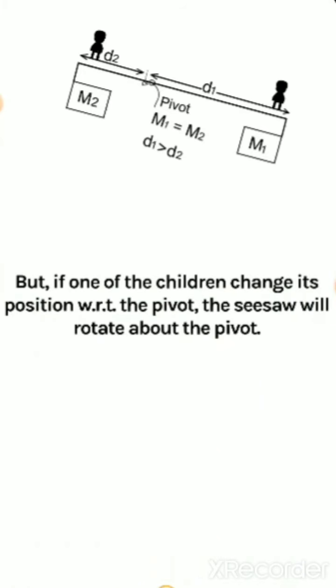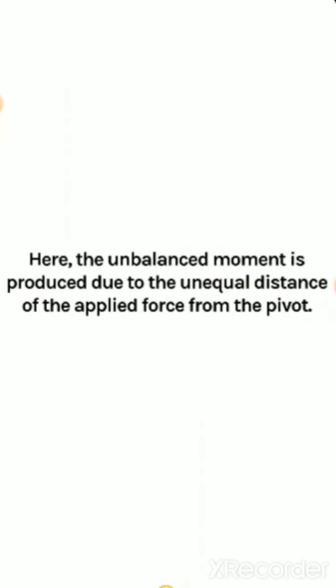Both have the same mass, m1 is equal to m2, but because the right hand side boy sits at more distance from the fulcrum, it will be unbalanced. The rotation of the seesaw shows the presence of an unbalanced moment. Here the unbalanced moment is produced due to the unequal distance of the applied force from the pivot.